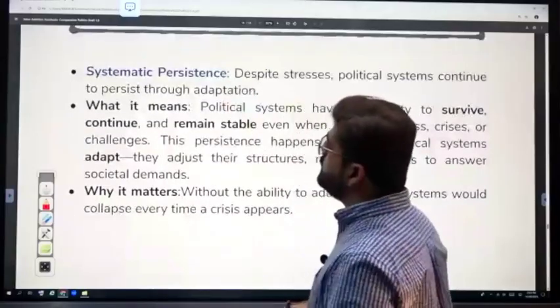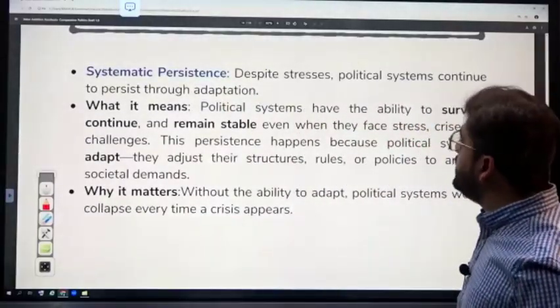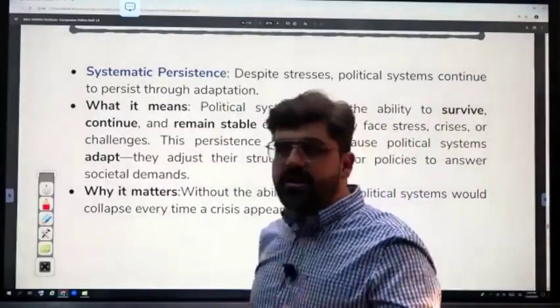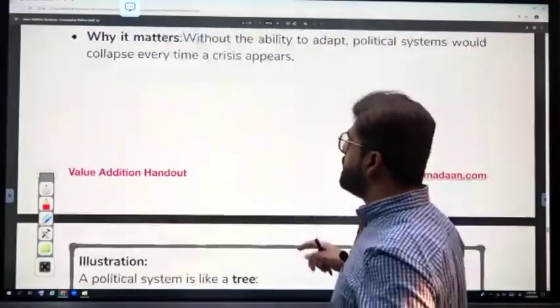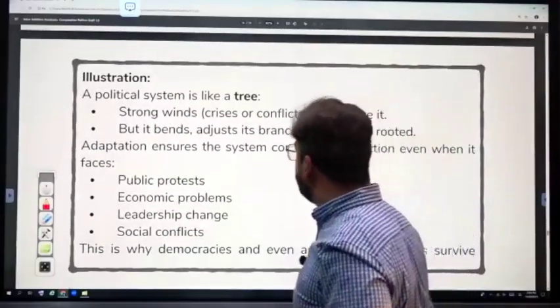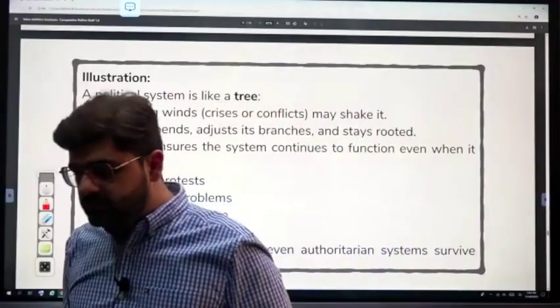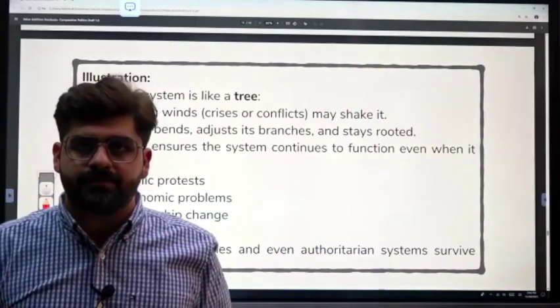Then, very important, systemic persistence. Despite stress, the political system continues to persist. How will stress come, how do we understand this? Think of a tree. A tree may face some kind of resistance when there are strong winds.